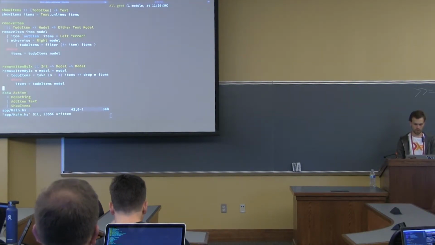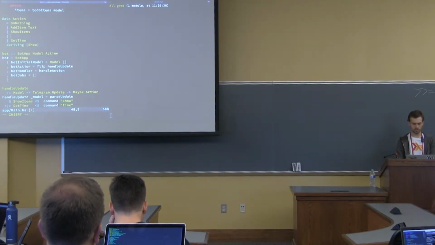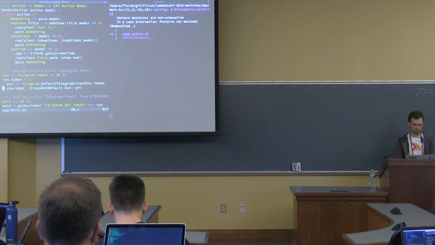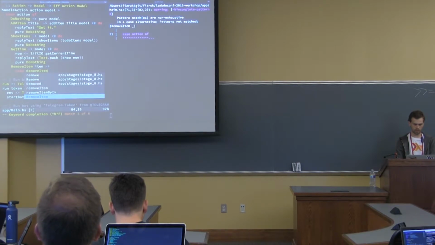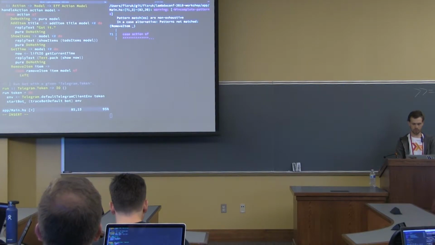Okay, so now how we handle this is, of course, we add a new action, RemoveItem, by like toDoItem. Now we go to our big case, RemoveItem, and here we can do case. Case removeItem from model of Left and some error message.